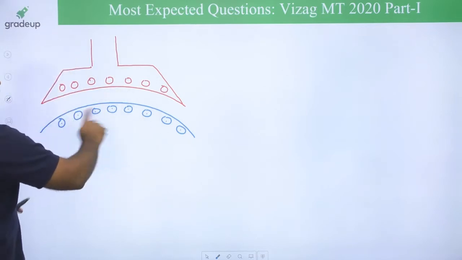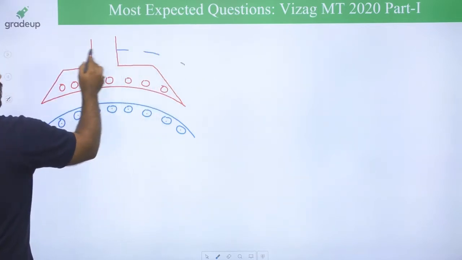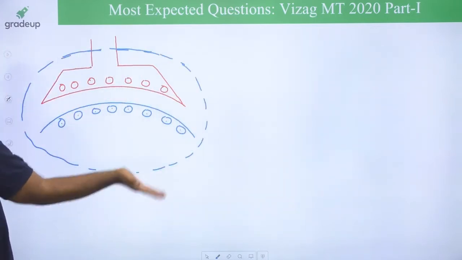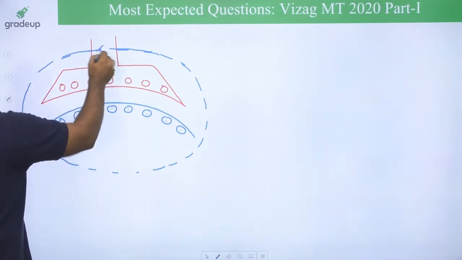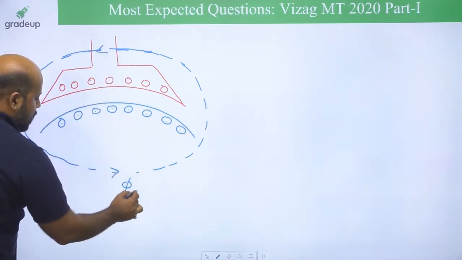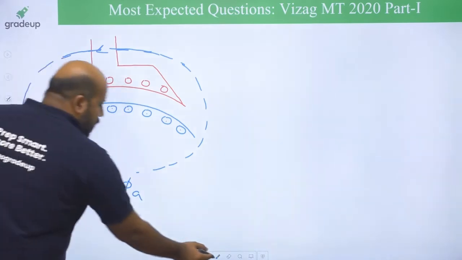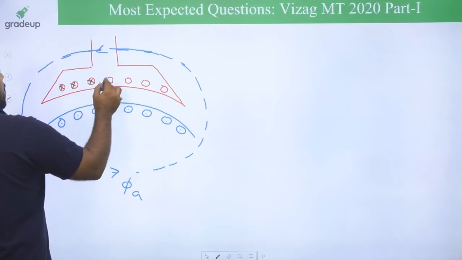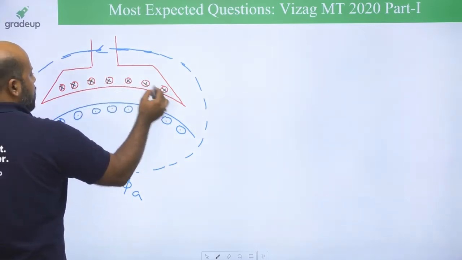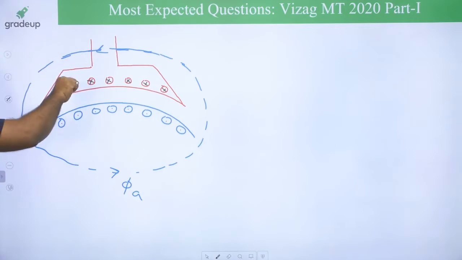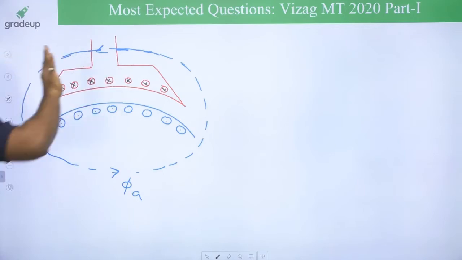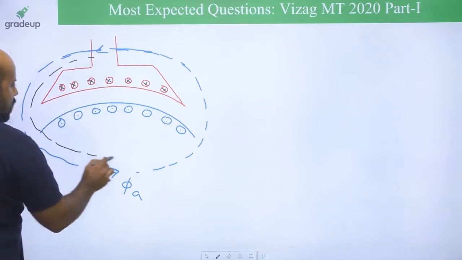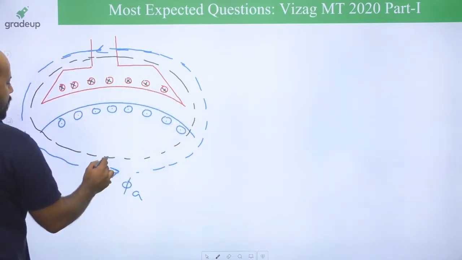So for these armature conductors, the flux is going to be anti-clockwise armature flux. If you provide current in the compensating windings, suppose the current direction is like this, they are connected in series with the armature coil, and if you find the flux because of the current in the compensating winding, it is going to be clockwise.